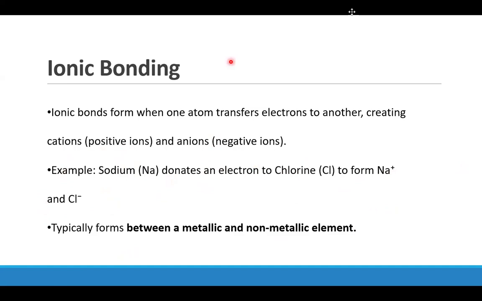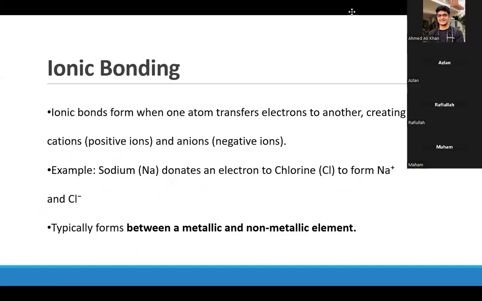I'll open up my whiteboard here and show you how the transfer of electrons actually occurs. Before I start, can anyone tell me, if we talk about any atom, which shell of the atom takes part in bonding? Anyone?